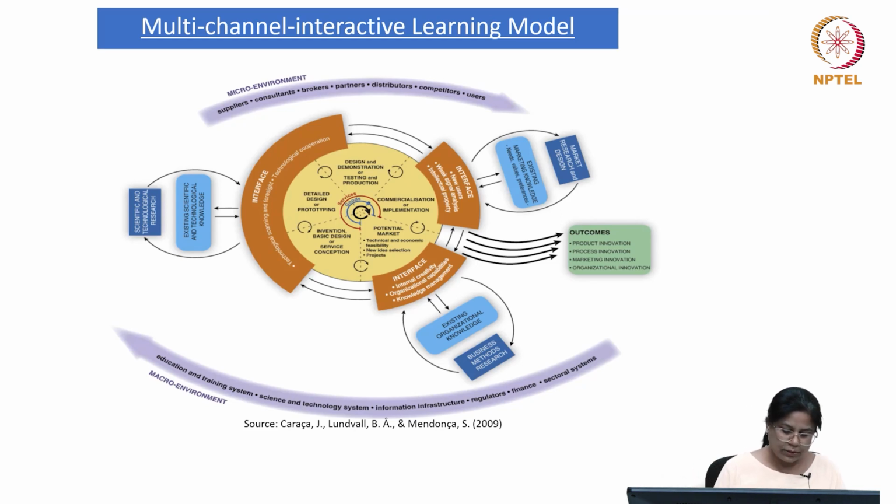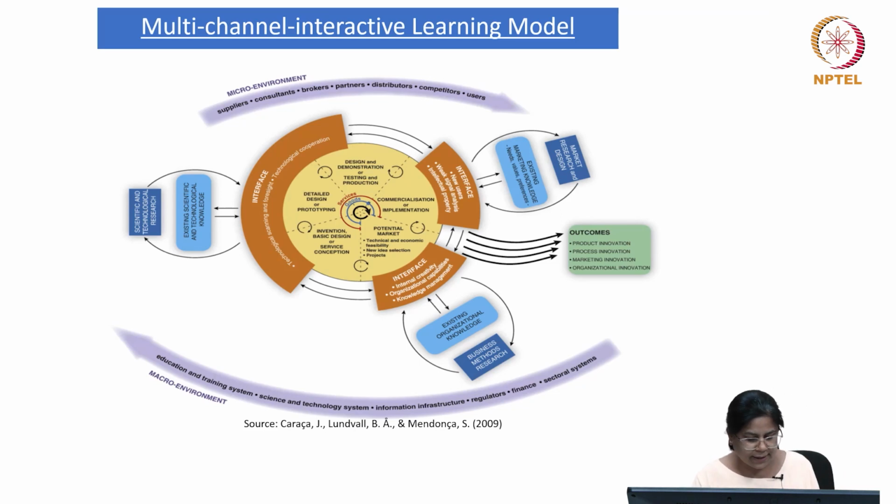Now, this model, like the chain link model given by Professor Klein and Rosenberg, also focuses on enterprises. So the center is again an enterprise, which is being treated as a major generator of economic innovation in contemporary society. This particular model also preserves the sequential model, where one after another there were 4, 5 steps.